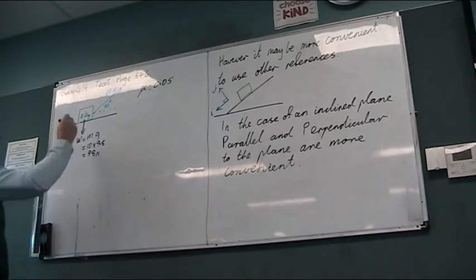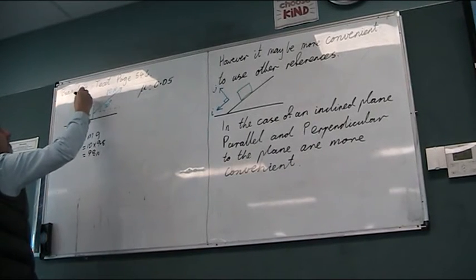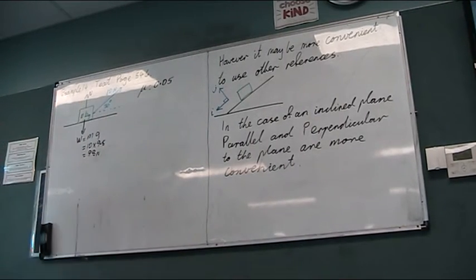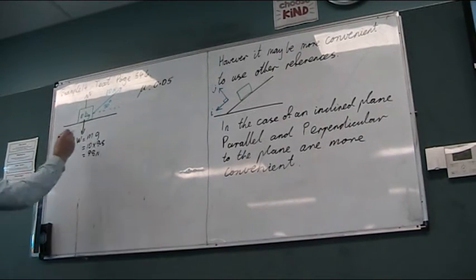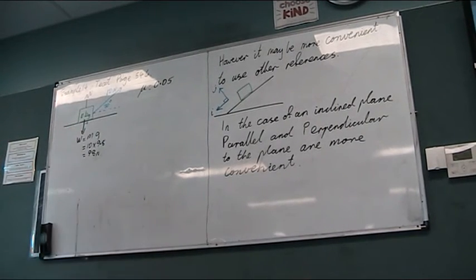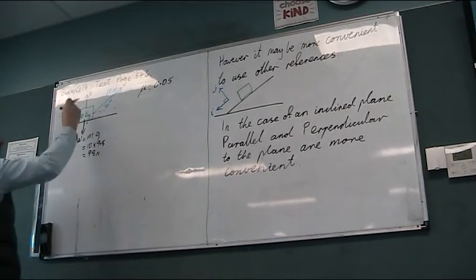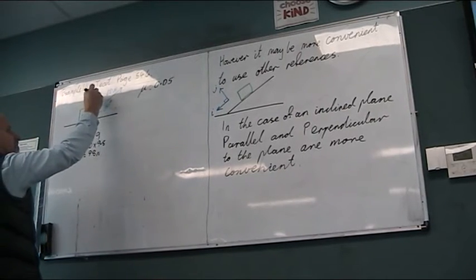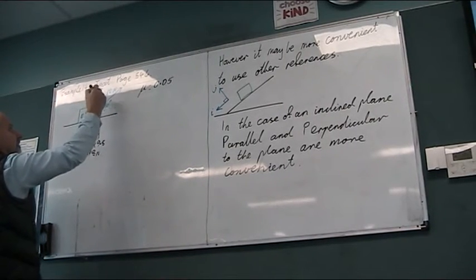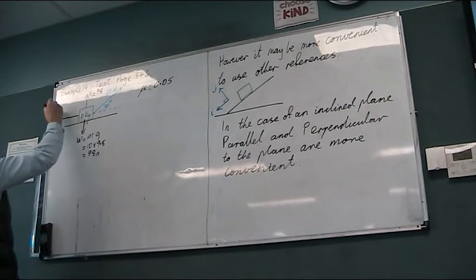There is also a normal reaction force, and because the weight force is acting at 90 degrees to the surface, the normal reaction force and the weight force will be equal. And then of course we've got some friction.